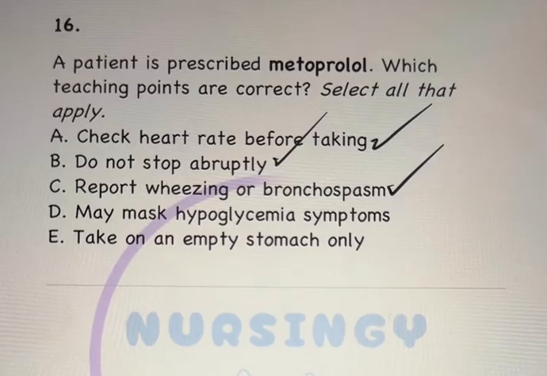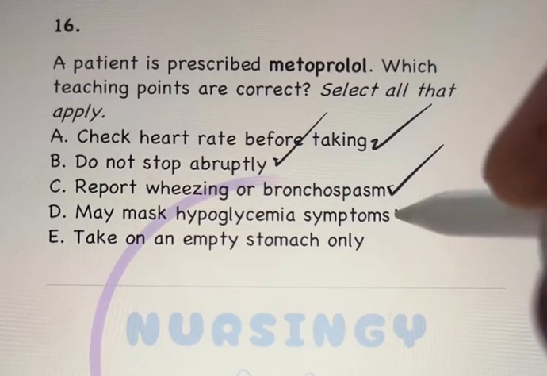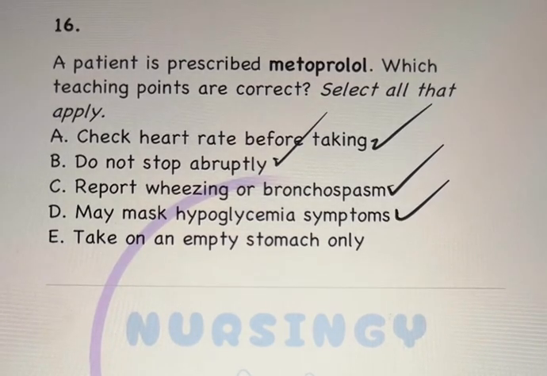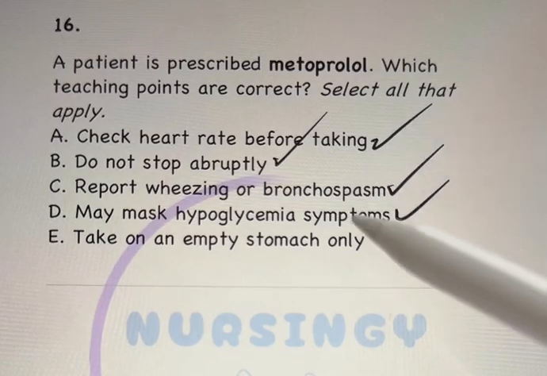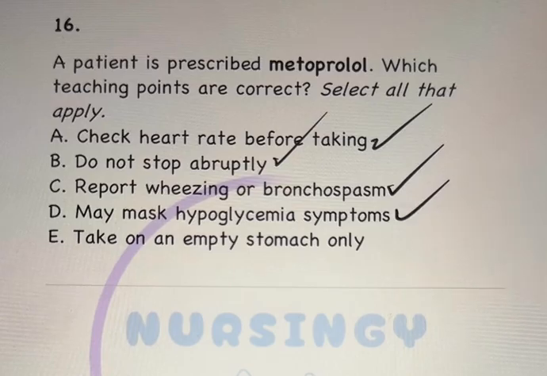So when we have that, it can mask hypoglycemia. It can mask hypoglycemia symptoms, especially even if it is causing hypotension. If it's slowing down the heart rate, then definitely we're going to have less perfusion, and that will also do the same.